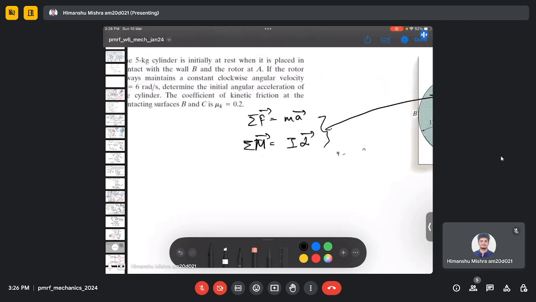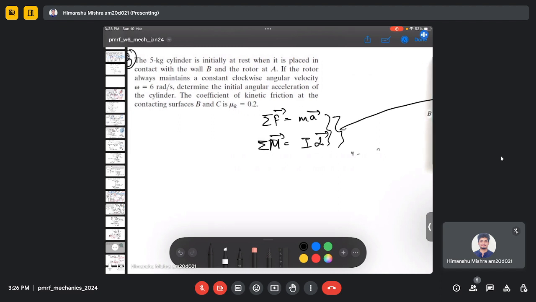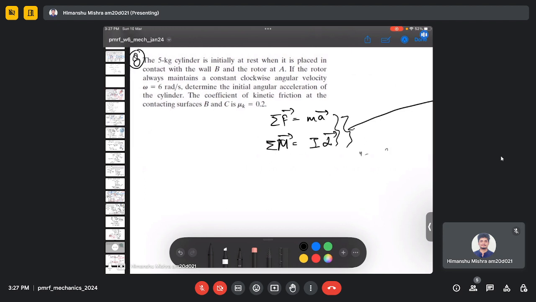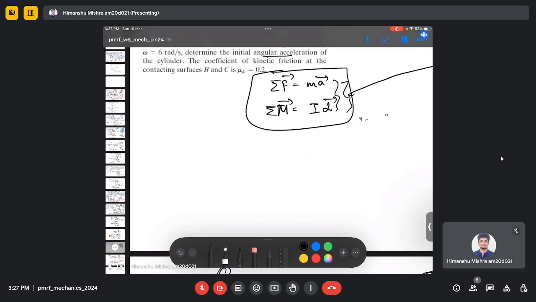When we make the set of equations using these two expressions, we can see what the unknowns are that we need to find. Definitely we need to find the angular acceleration, but in order to find it, what are the other unknowns we need to find? For that, we can use these equations to develop a set of equations for a single body, and to do so we need to draw the free body diagram first.